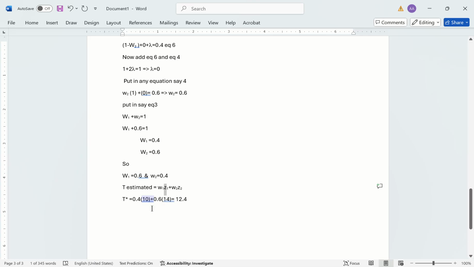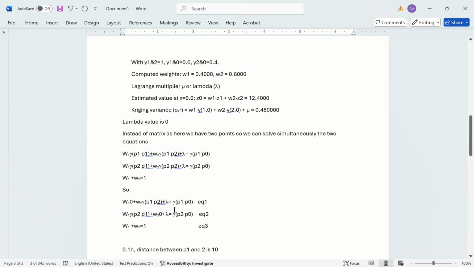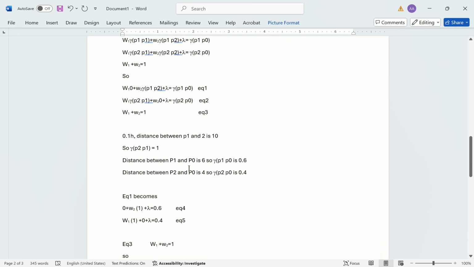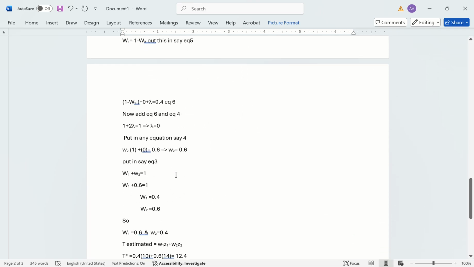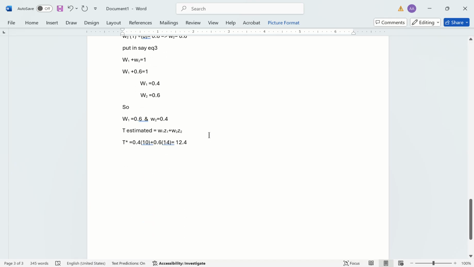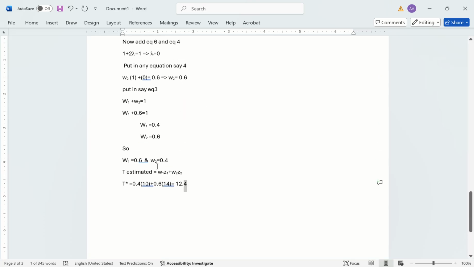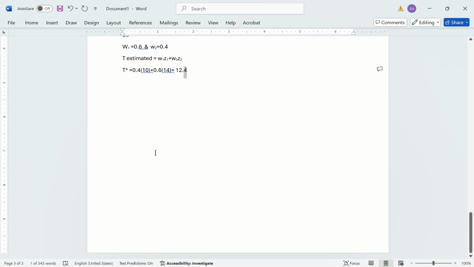Putting the values of W1, which is 0.4, and the grade, which is 10 of the point 1, so 0.4 into 10, plus W2, 0.6 into Z2, which is 14, you will get 12.4. This is the estimated grade at our unknown point, which is over here. Okay, we have calculated that the grade over here is 12.4.